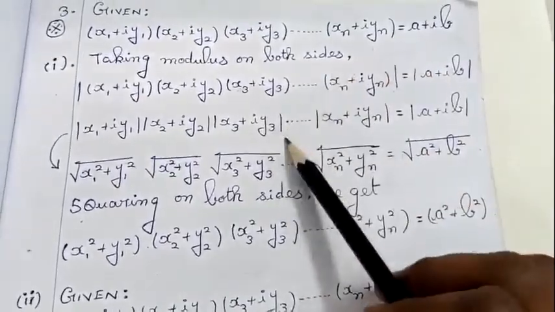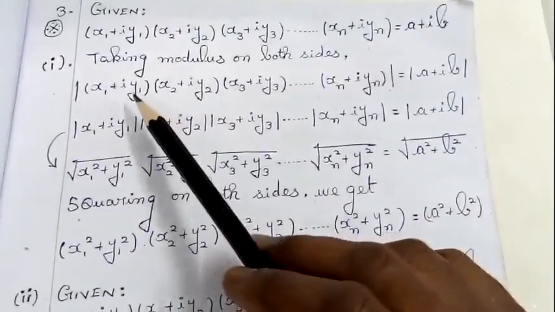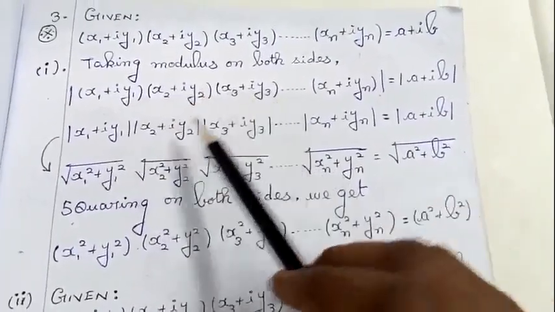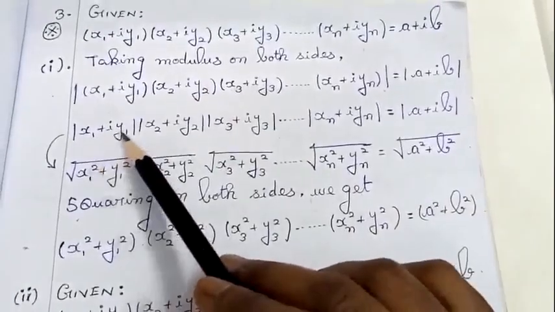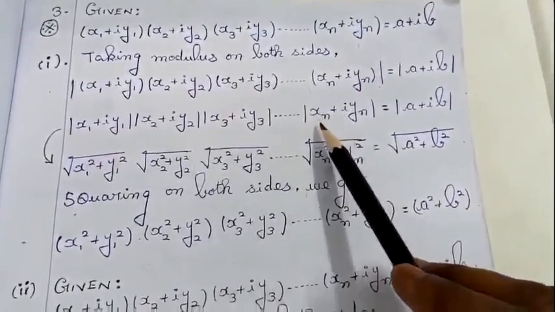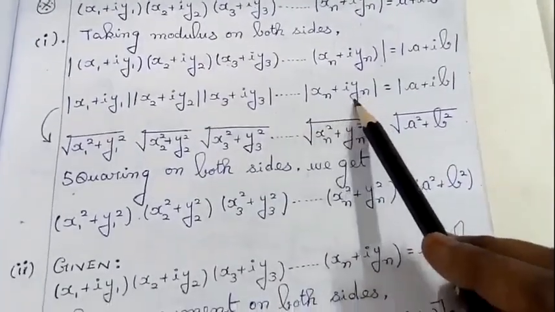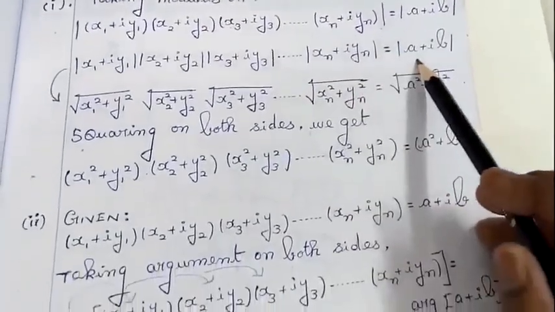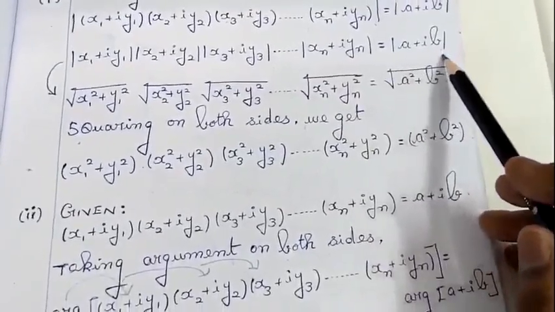Second step, I am going to take the modulus separately for each complex number: modulus of x1 plus iy1, modulus of x2 plus iy2, and so on till modulus of xn plus iyn, equal to modulus of a plus ib.